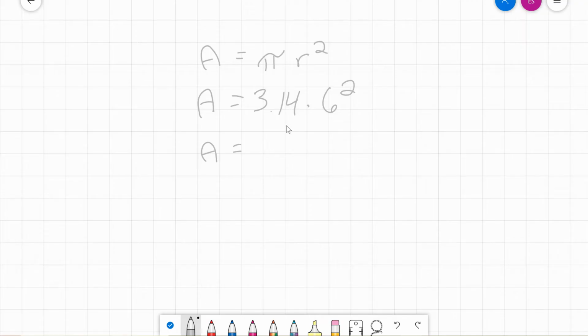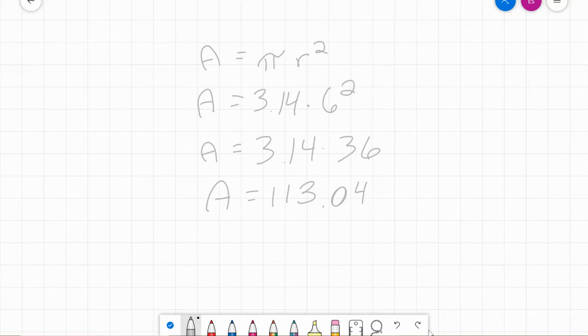If you don't have a fancy calculator, you can just do 6 times 6, because a number squared is just the same number times itself. Either way, you get 36. So now I have 3.14 times 36, and I'll do that in the calculator. The area is equal to 113.04.